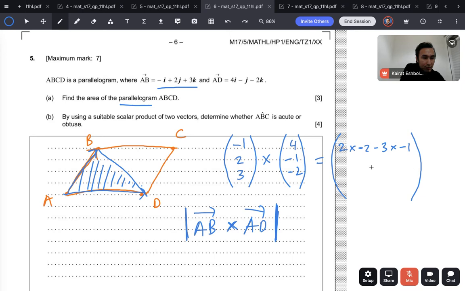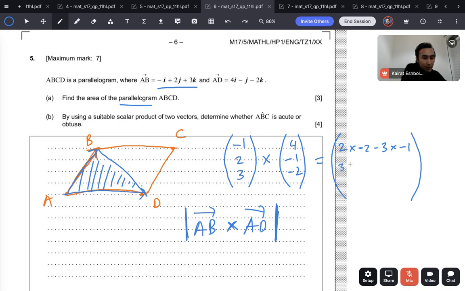So how about the second row? For the second row, we need to forget about the second row on the left here, and just focus on the numbers 3, 4, and then minus 1 and minus 2. But we are going to start with 3, okay? Because we always start with the number that goes after the second one.